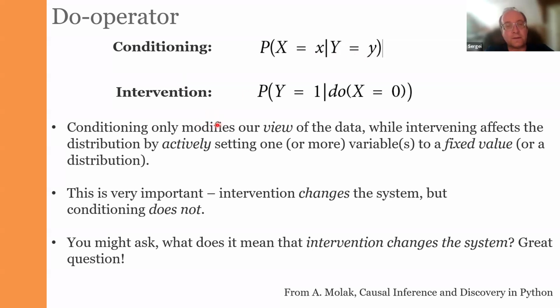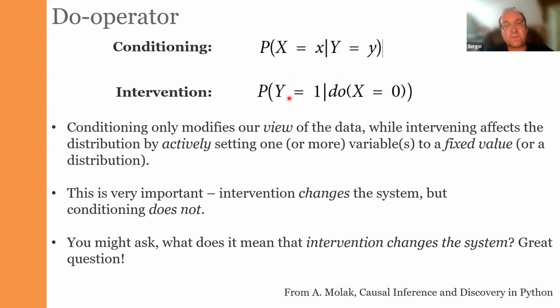So conditioning only modifies our view of the data. Intervention is: what is the probability of y being a certain value if we force x to be something else. So in this case, we actively set the variable to a fixed value. It's like running the experiment. So the intervention changes the system. Conditioning does not change the system.